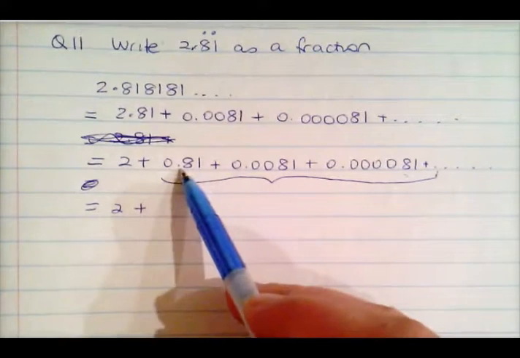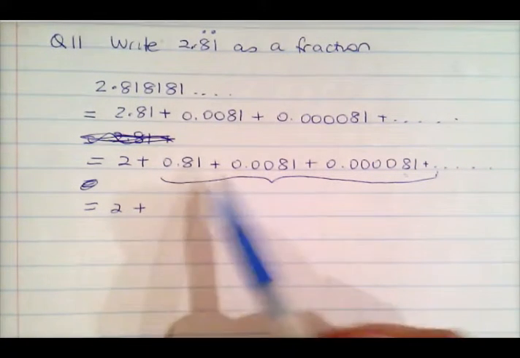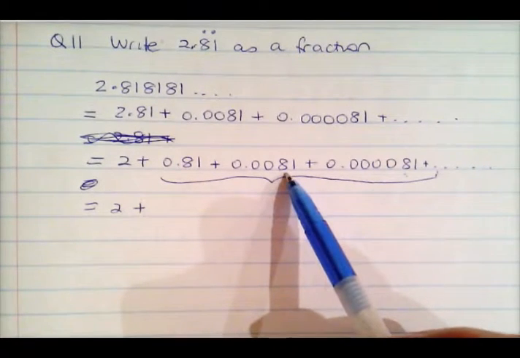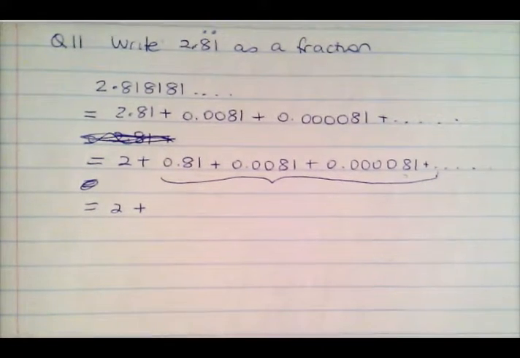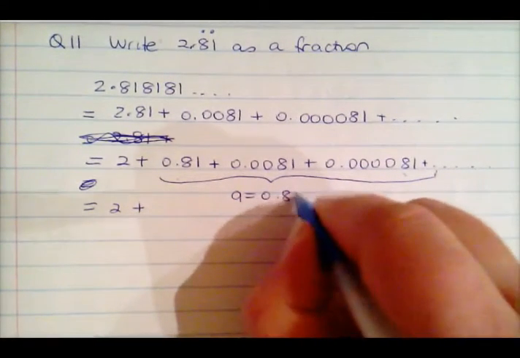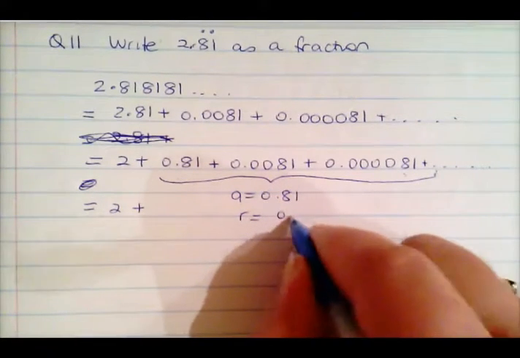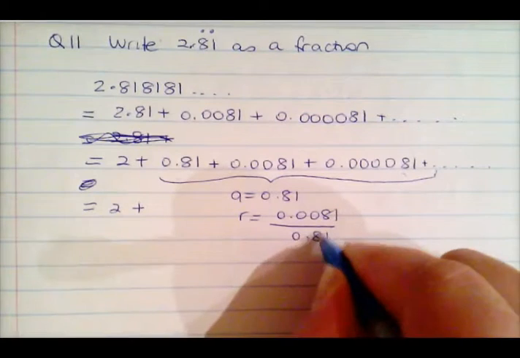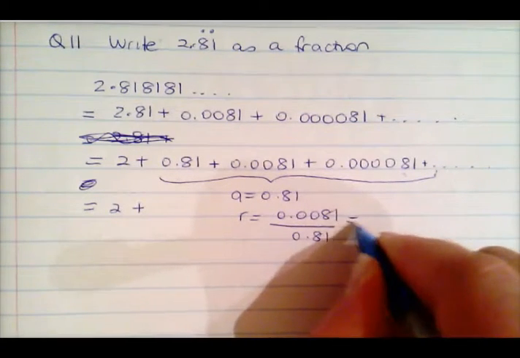Now to get from one term to the next, you're dividing by 100, but remember, common ratio is not about division, it's about multiplying. So here I've got A is 0.81, but my common ratio is T2 over T1.